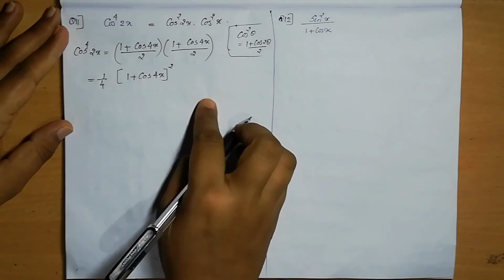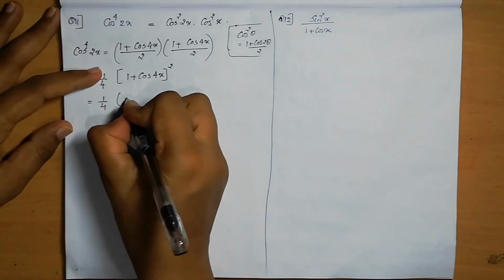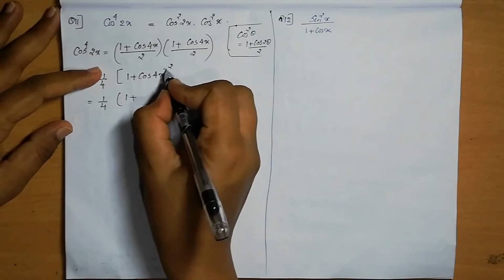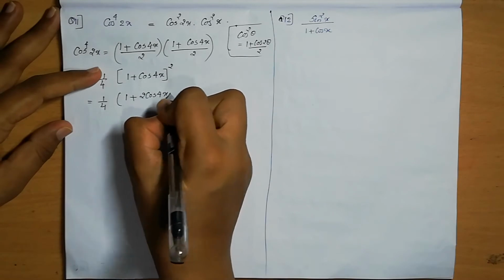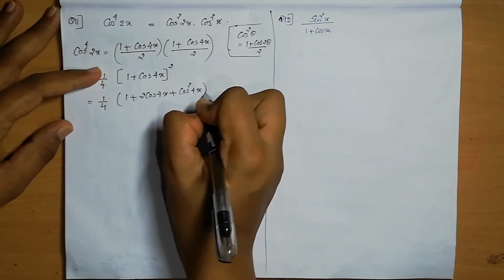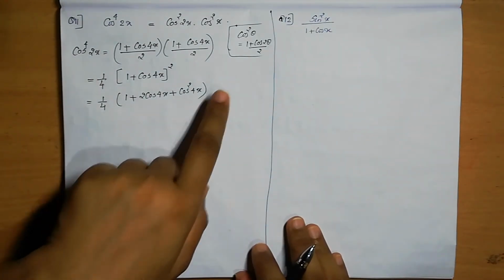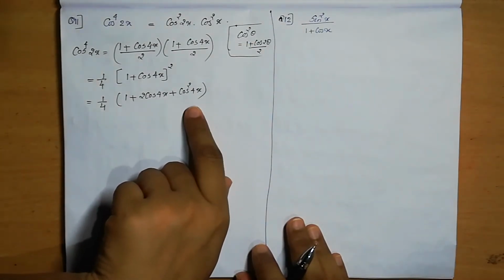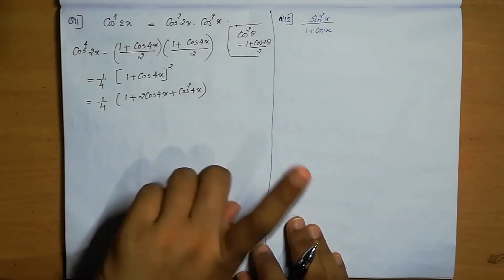That means a plus b the whole square, we can write it as 1 by 4 into a square plus 2ab, that means 2 into 1 into cos 4x, plus b square, that means cos square 4x we can write. So again, this cos square theta, we can write it as 1 plus cos 2 theta by 2. That means 1 plus cos 8x by 2 we can write.